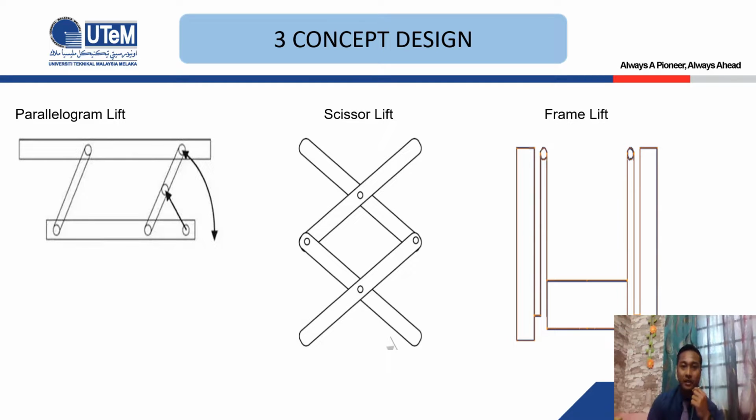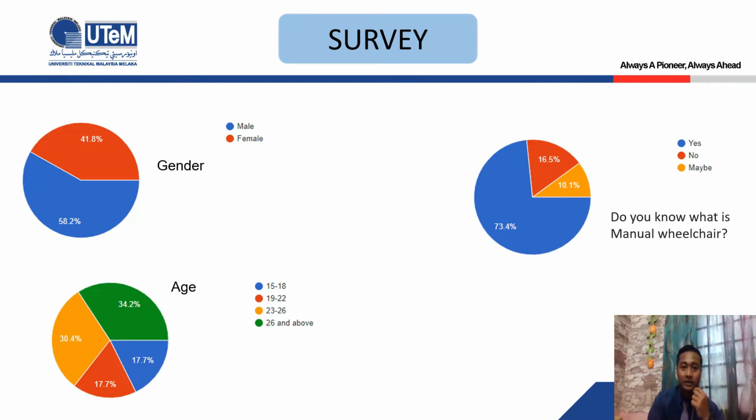So this is my concept design before evaluation in House of Quality. Starting from the left, we have parallelogram lift, scissor lift and also frame lift. This is my survey before we go through the House of Quality.